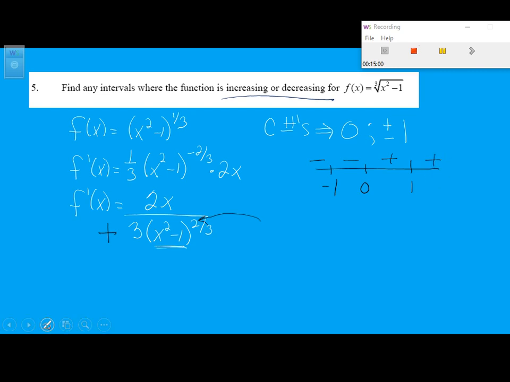So there's a couple of different ways we could list this. I'm going to go ahead and say that it's decreasing from negative infinity to negative 1, and then again from negative 1 to 0, and increasing from 0 to 1, and then again from 1 to infinity.